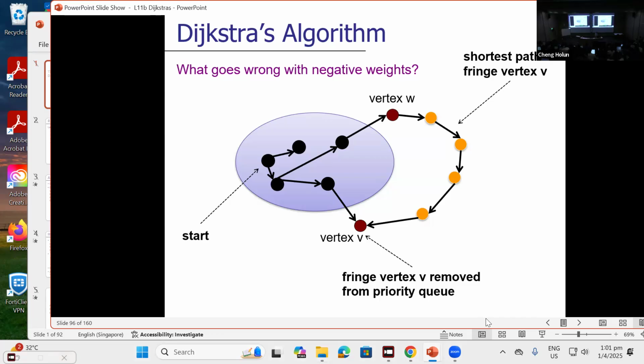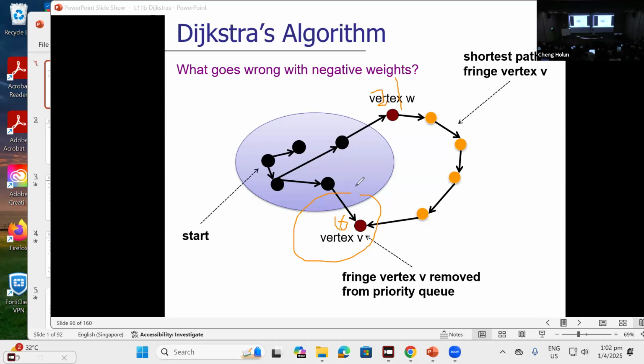Let's say this one has a distance of 16. Just now the proof was that because this is 16, the other one, let's say W, must be bigger than that. Let's say W is 21, okay? That's why I dequeue 16, right? Because from 21 you go to 16 must be some positive route. That's why it's impossible to produce any other route that is shorter than 16 by now.